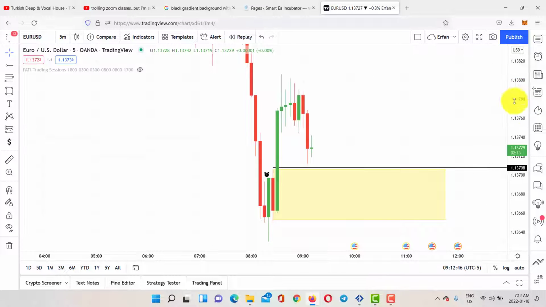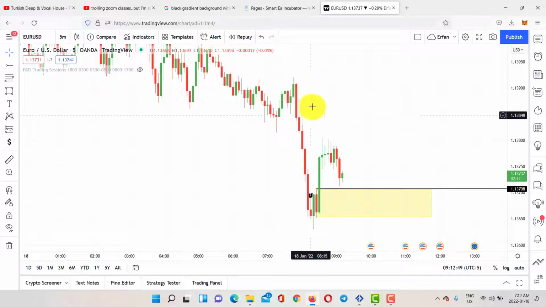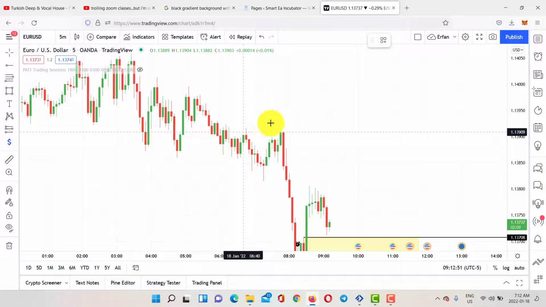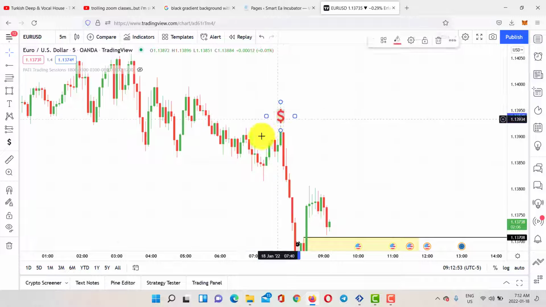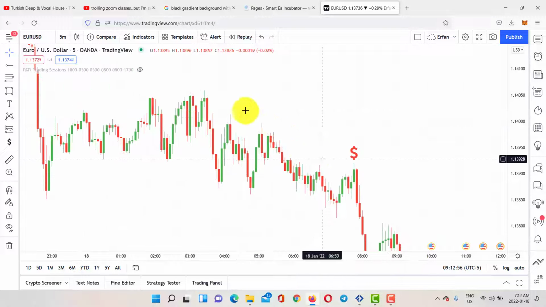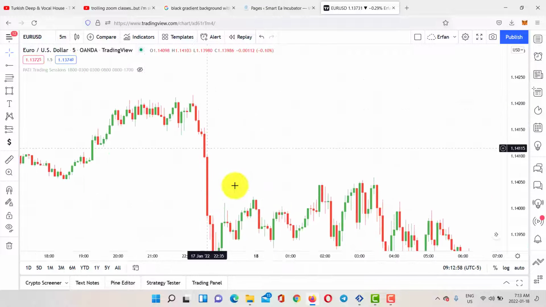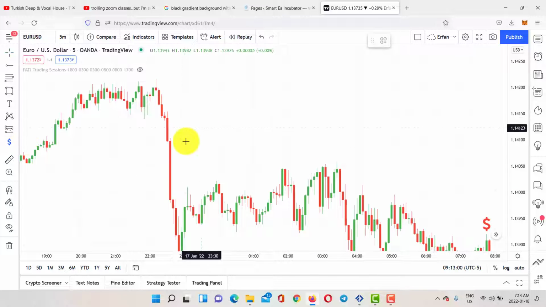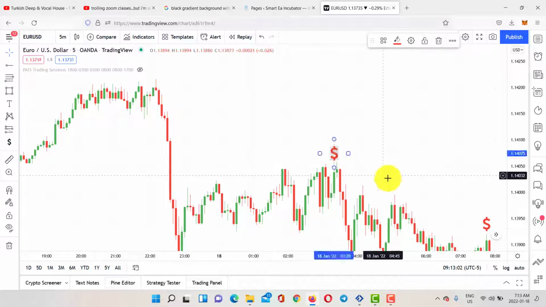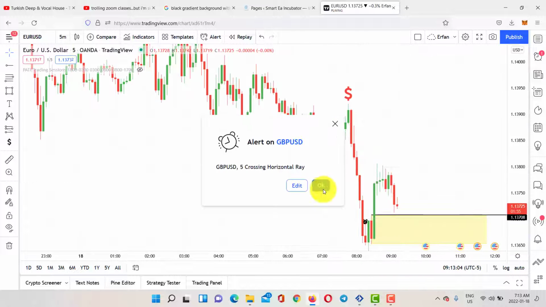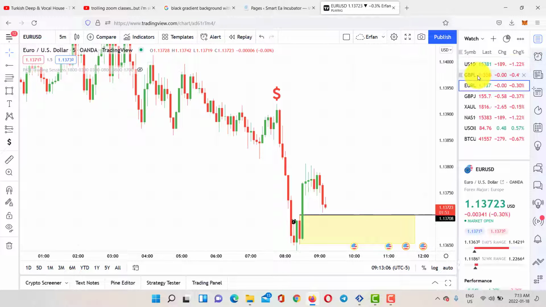This is what trading is. I'm just waiting for this because even here we have so many gaps, and also so much liquidity, and we have this gap here and this liquidity here. Okay, GBPUSD, let's go to GBPUSD.